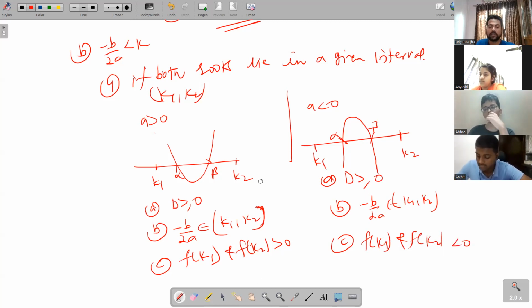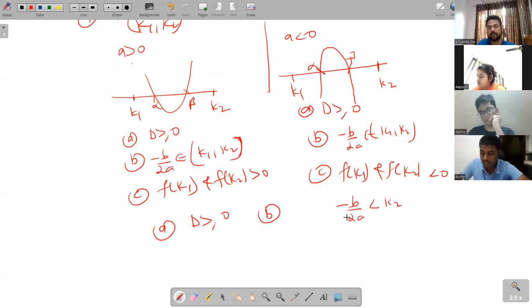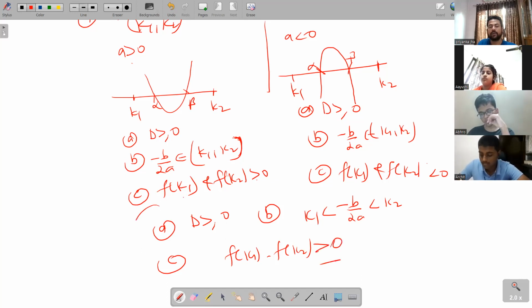So just to combine these two conditions, you can see that the discriminant has to be greater than or equal to 0. Second, minus b by 2a will lie in this interval, and if you multiply f(k1) into f(k2), in both the cases, this is positive and this is negative. So in both the cases you will get a positive value, right?